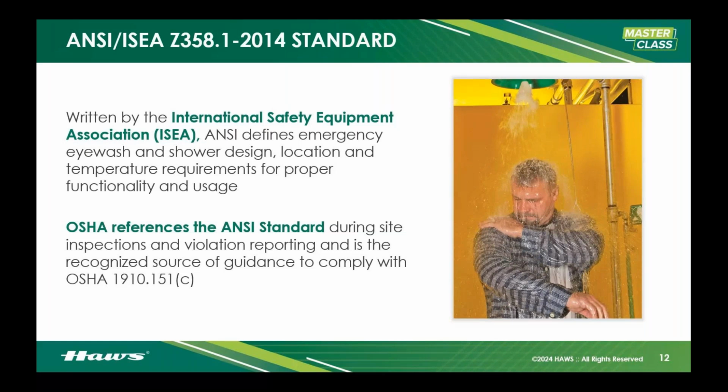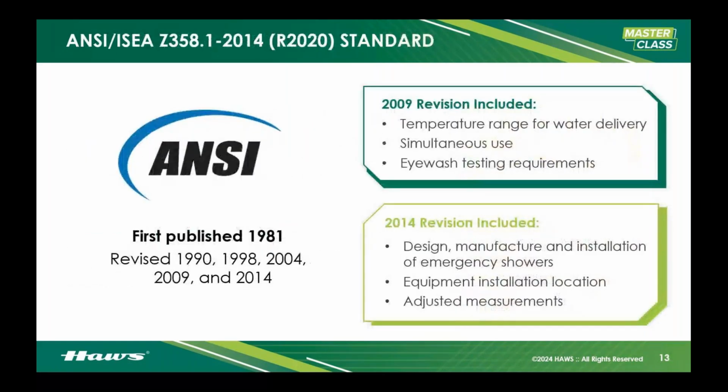Now, the standard itself was first published in 1981. It's had many revisions since. We're on 2014 right now, revision 2020. And we've had some important revisions quite recently. In 2009, it included a temperature range for water delivery, which was overdue.